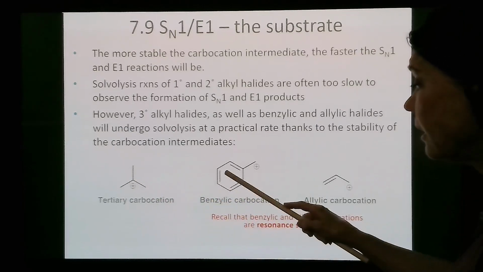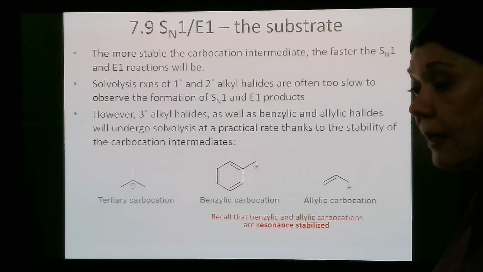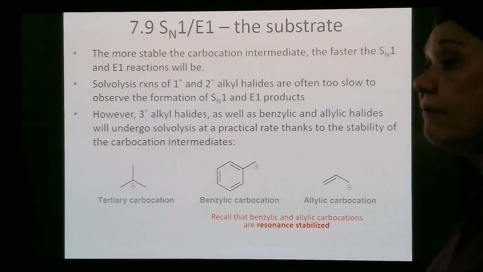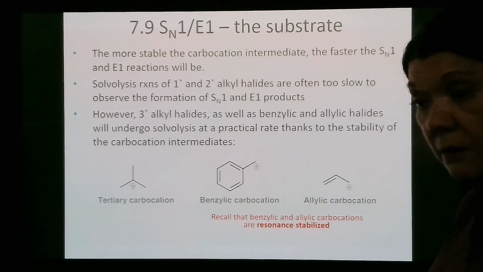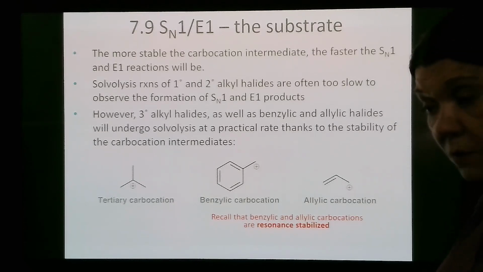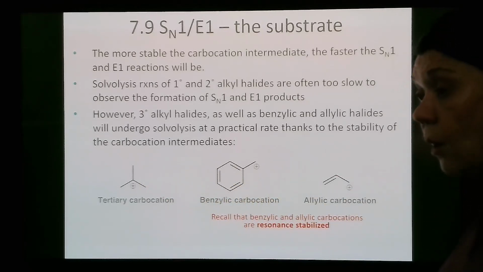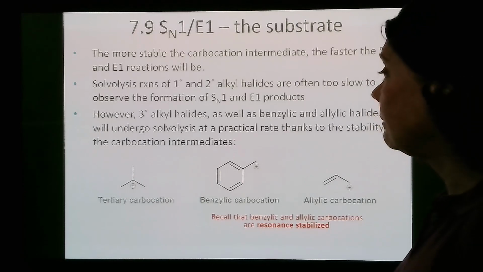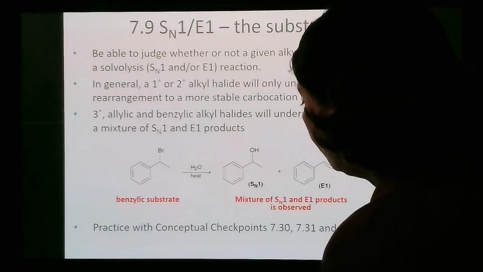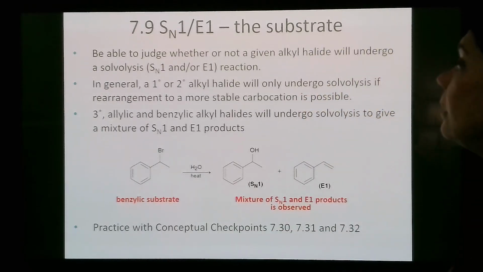Okay, so these are easily formed. That means that the rates of the E1 or SN1 reactions, which these are intermediates in, will go more rapidly because the intermediates formed are more stable.